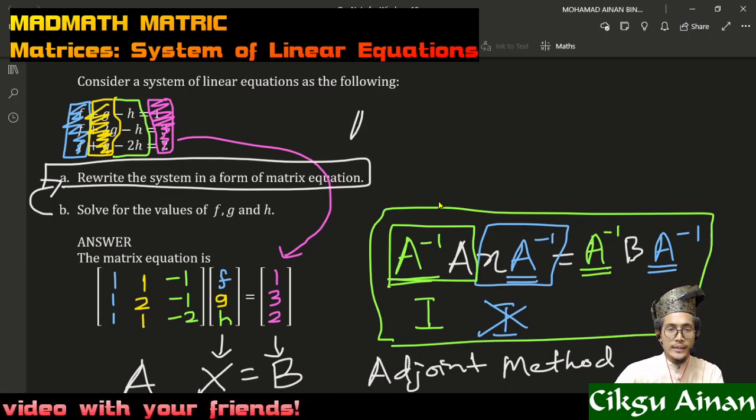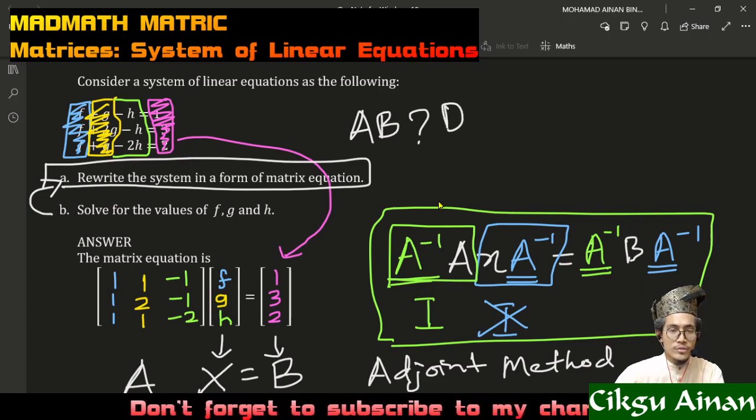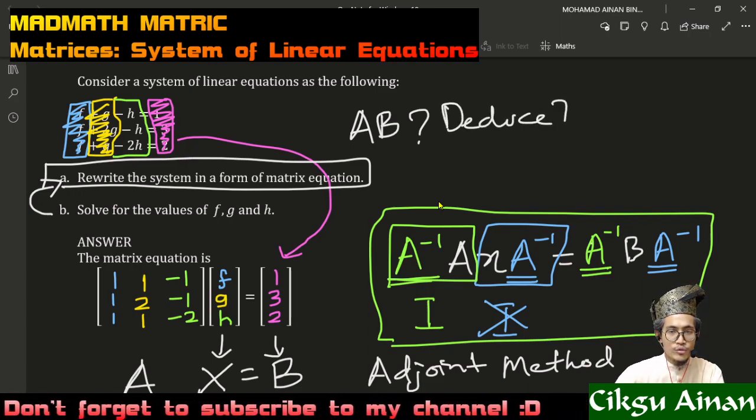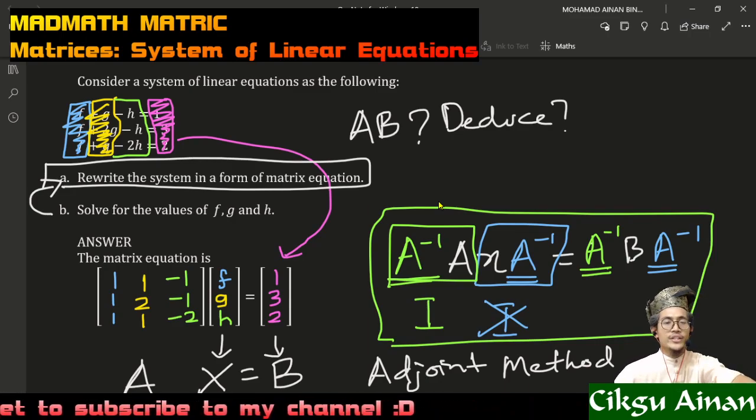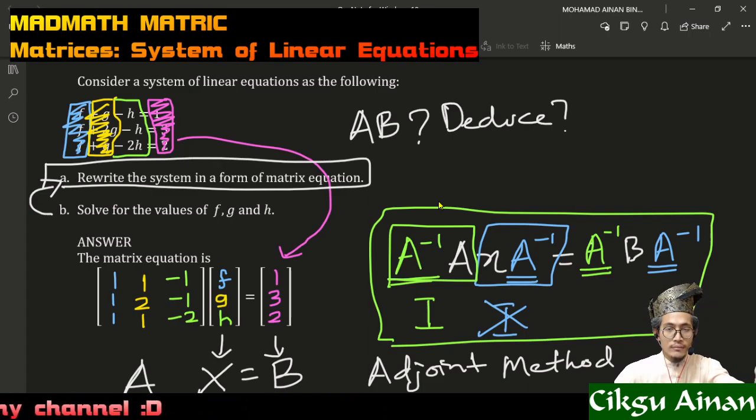Is the question asking you to multiply A by B? This is the first criterion for you to look at. Or if there's the word deduce anywhere in the question before we have to solve. If there is any, then we cannot use it.